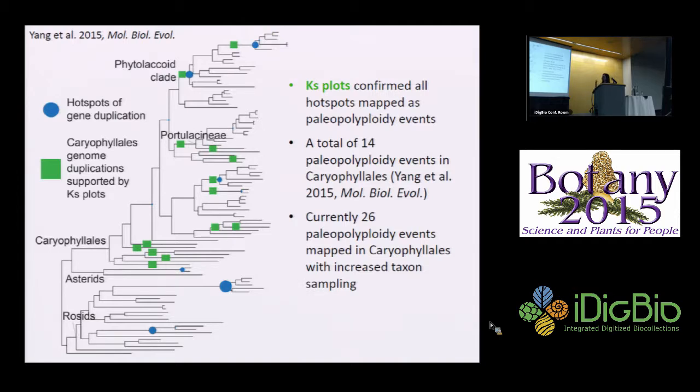By combining synonymous distance and mapping hotspots of gene duplication, we found a total of 14 paleopolyploidy events in Caryophyllales. And this is about a year-old data. Currently, after doubling our taxon sampling in Caryophyllales, we have found 26 paleopolyploidy events. This is quite remarkable. These are all only paleopolyploidy events, not counting the ones on the tips. So paleopolyploidy probably happens a lot more often than we previously thought.